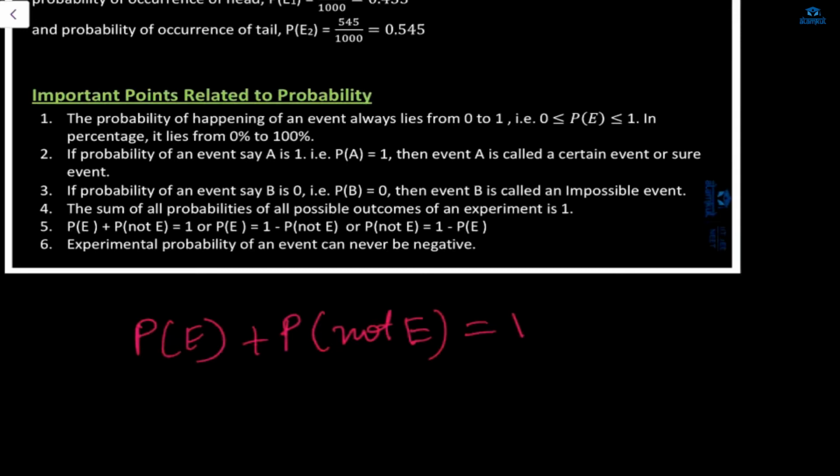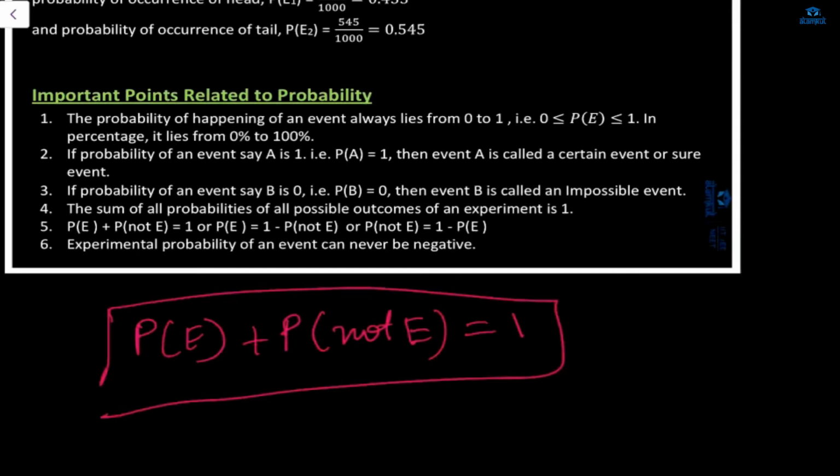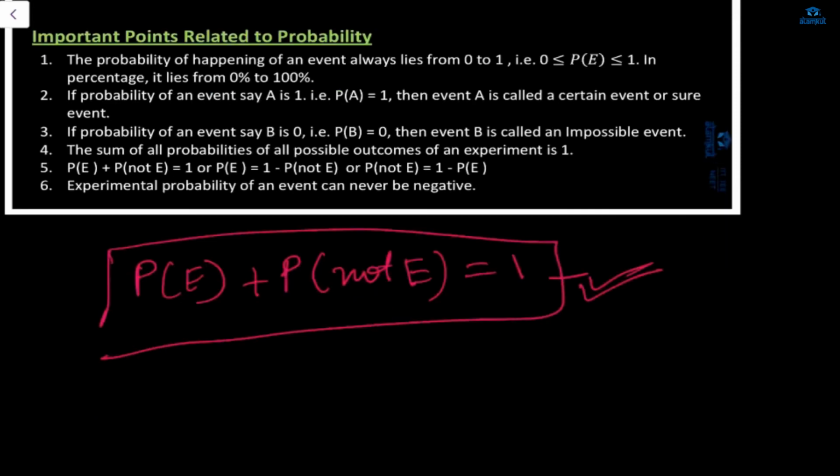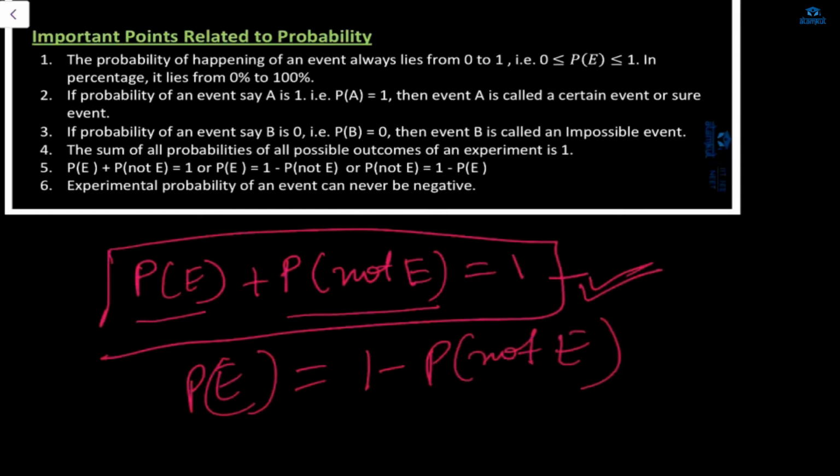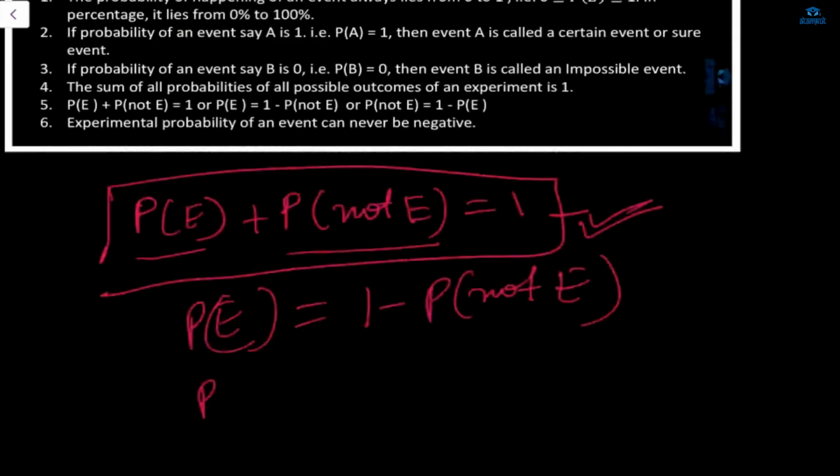With this formula, remember this formula, it's important. With this formula you can find out sometimes that if P(E) is given, P(not E) can be found out. P(E), probability of an event, can be written as 1 minus P(not E), or if P(not E) is given, we can find out P(not E) is equal to 1 minus P(E).